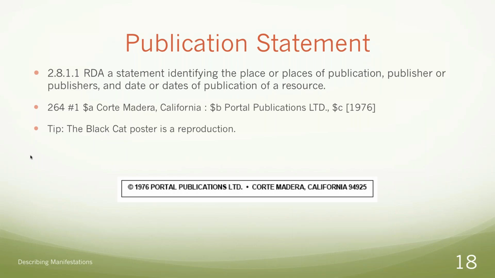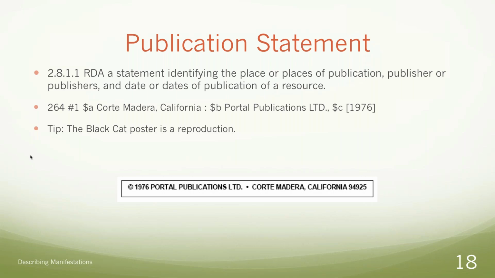If it's published, then we'll go ahead and use a 264 field with a second indicator 1. So give the place as you see it there, Corte Madera, California, all spelled out. This is Portal Publications Ltd, and so that's what we transcribe into the subfield B. There is no date of publication, but there is a copyright date.